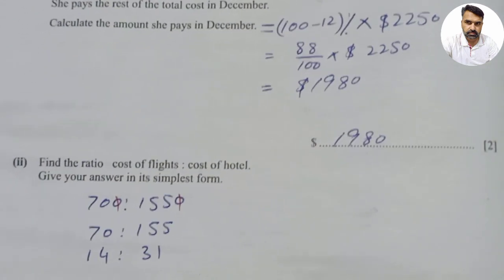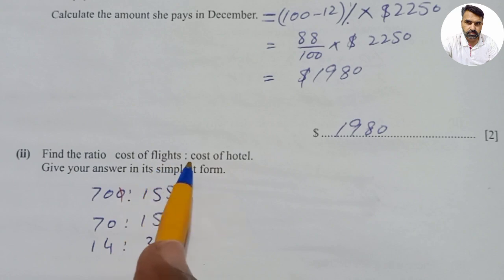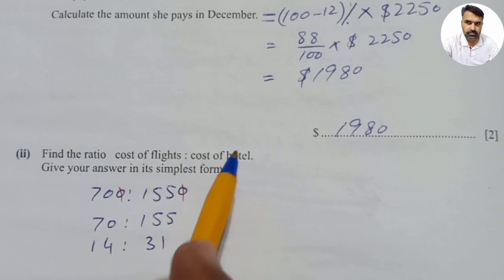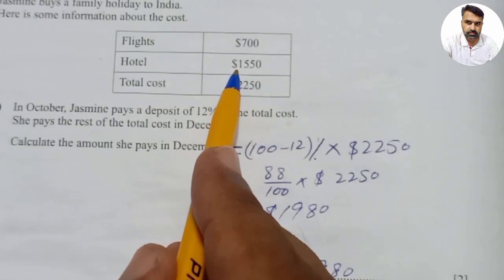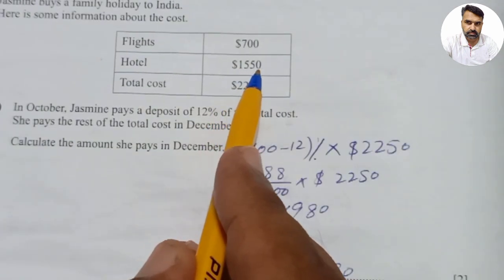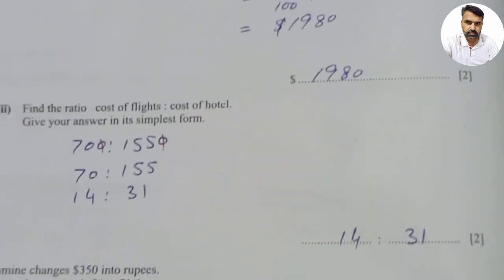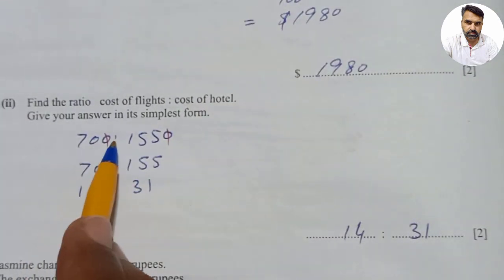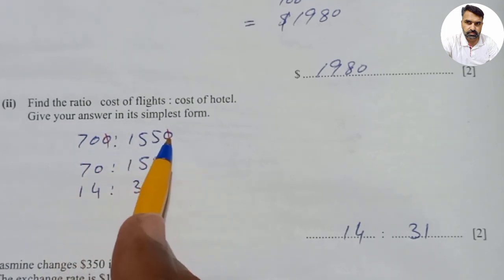Second part of the first part is to find the ratio of the cost of flights to the cost of hotel. Cost of flight is $700 and cost of hotel is $1,550. So we have to find the ratio between these two amounts. We will write 700 : 1,550. The last zero will be cancelled with the last zero.